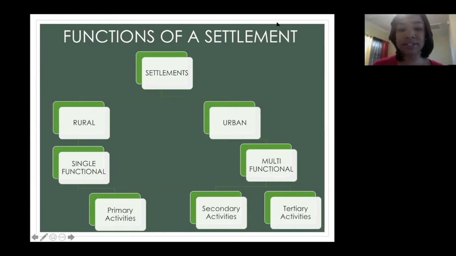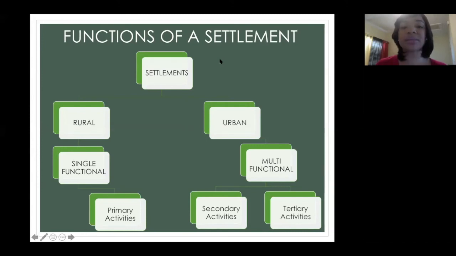Can I see some answers coming into the chat? Yes, tourism. Farming is actually not a tertiary industry. Farming will be considered a primary industry, which will come under your rural areas. Okay, so our gross domestic product in the Bahamas definitely comes from tourism.